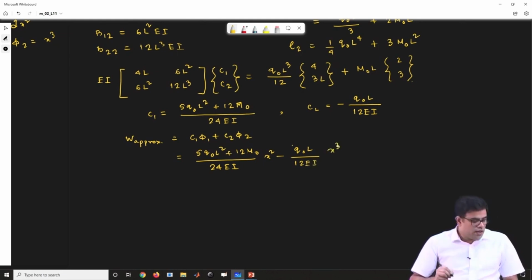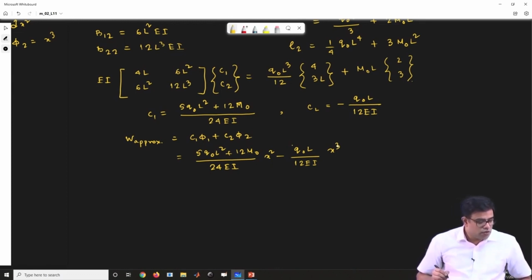So this is my approximate solution. But if you know the exact solution of the problem, the exact solution we can easily find out for this kind of problem.